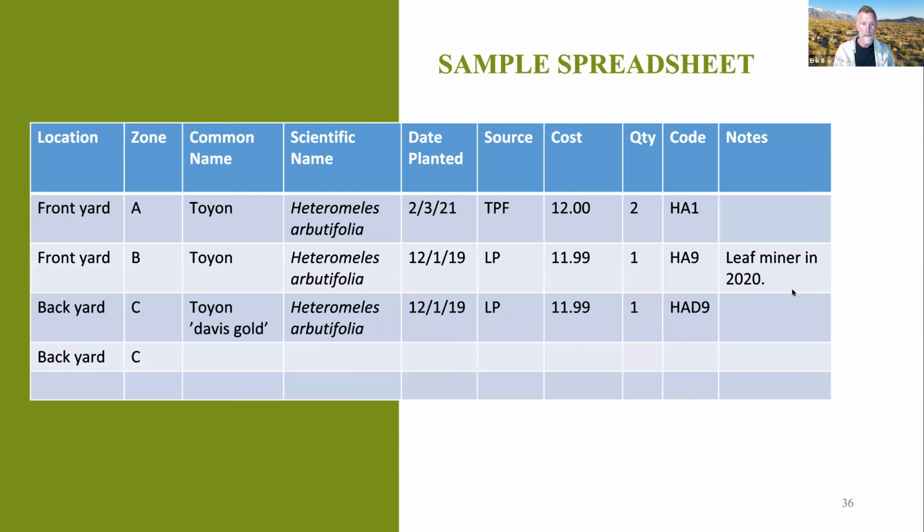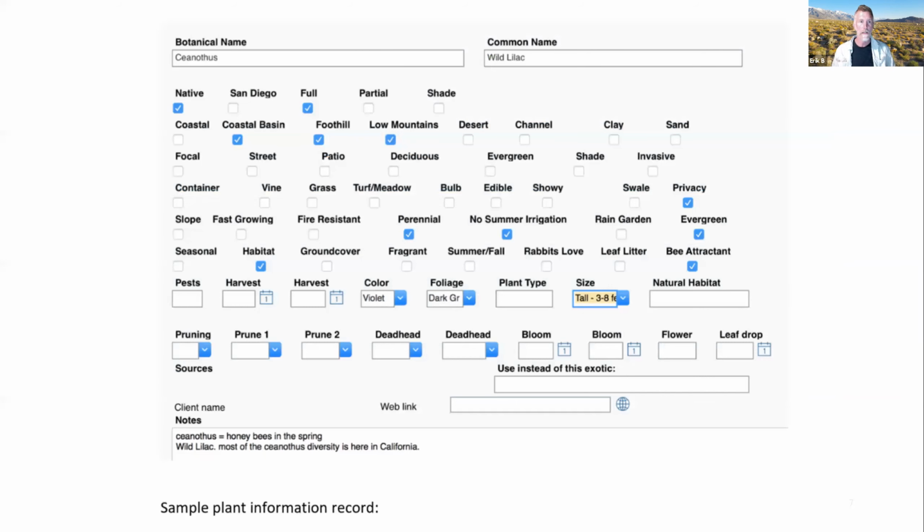Here's an example of, I guess this is not a spreadsheet, it's a database, and I think somebody said this is like a Microsoft. Is it Access? What's the name of this one? Anybody?